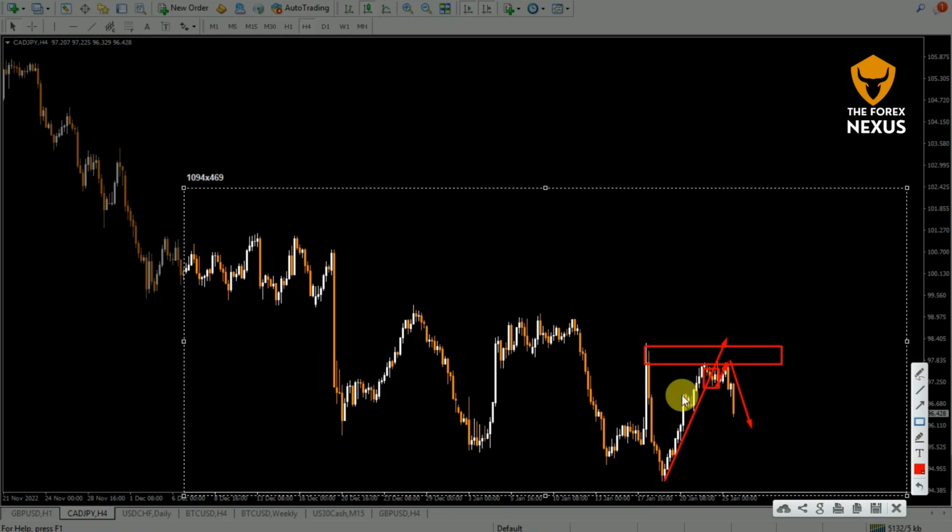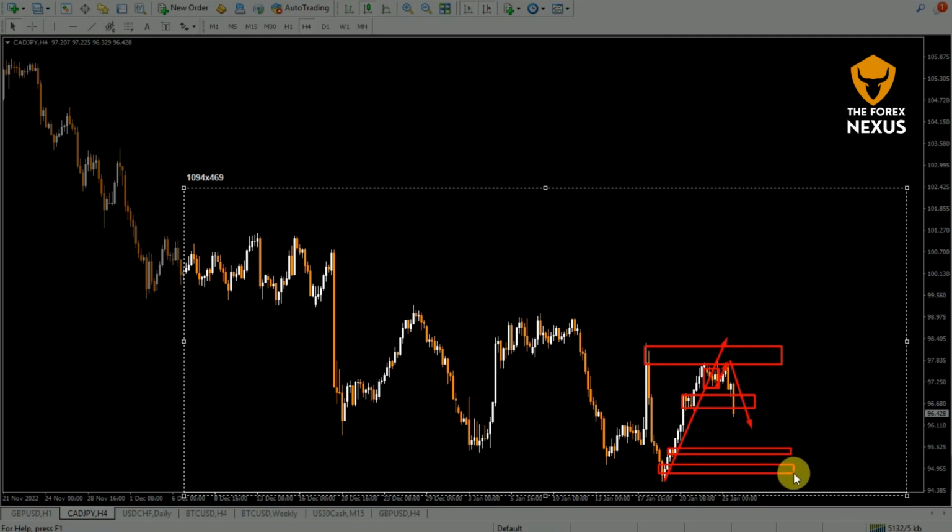Here the market took out the nearest demand zone on the H4 time frame, so the market will hit this zone now, and this one is also demand on the H4 time frame.